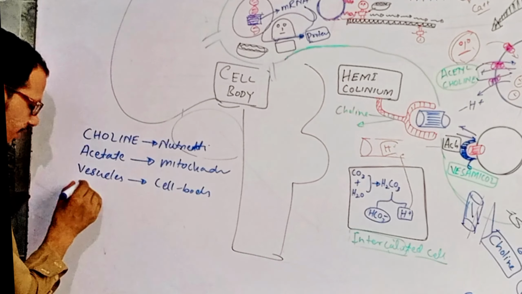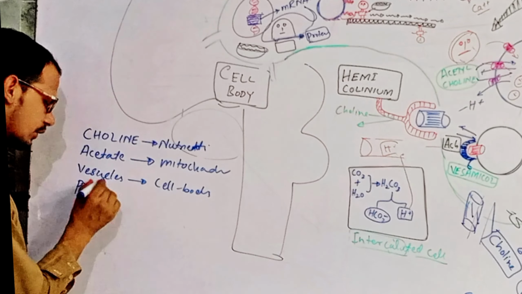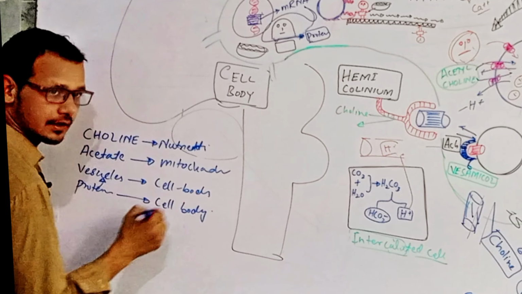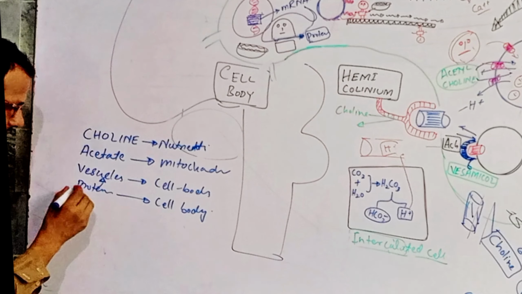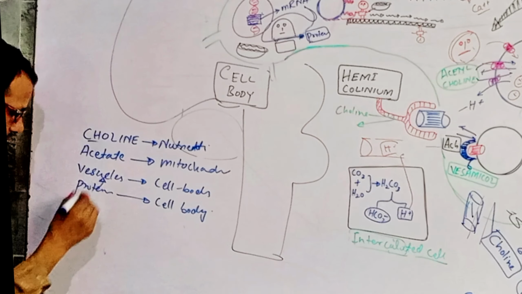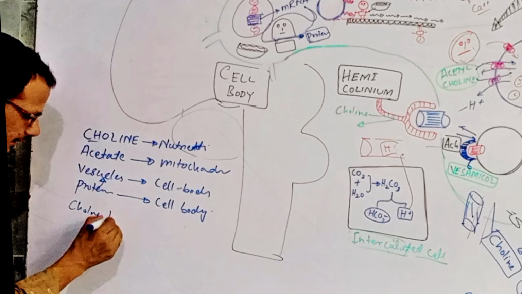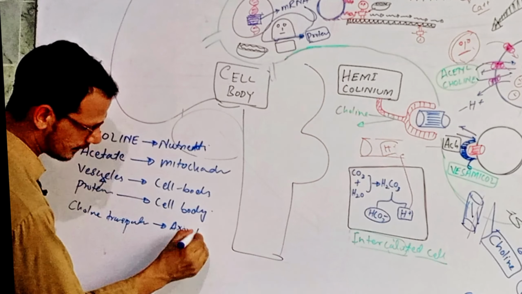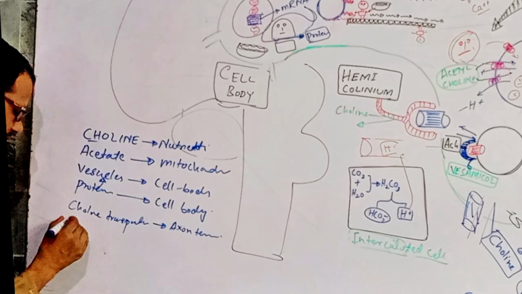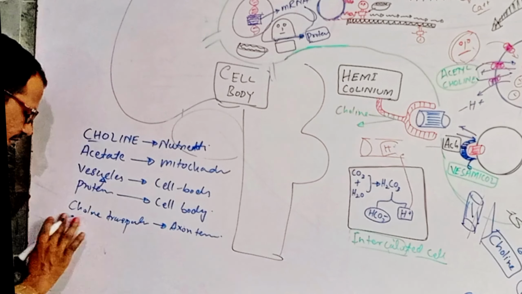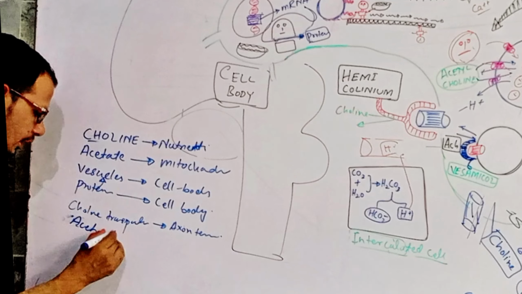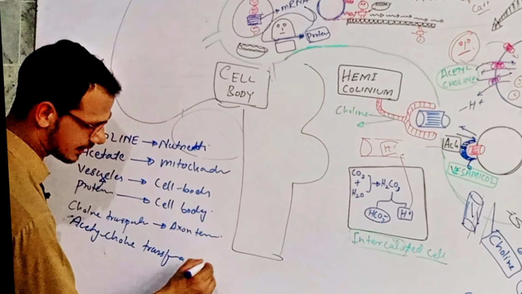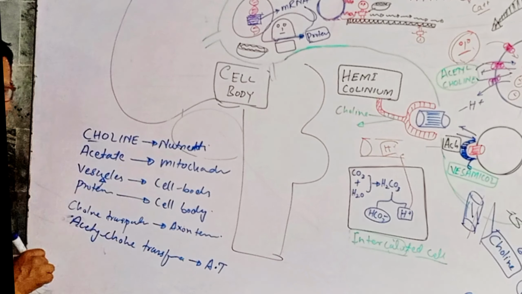Also we need proteins, which are attached to the vesicles, coming from the cell body, right? We need a choline transporter present on axon terminals. Also we need choline acetyltransferase, which is present in the axon terminal, right?